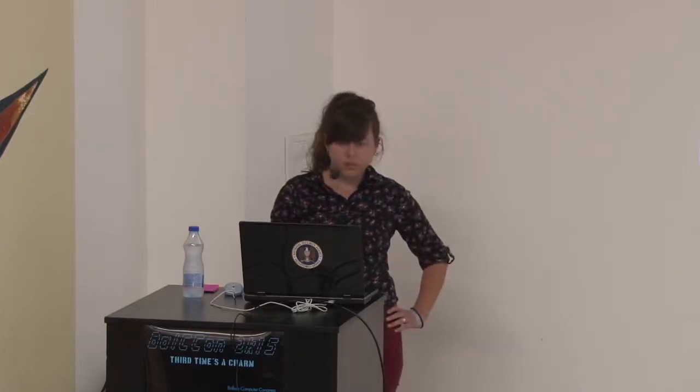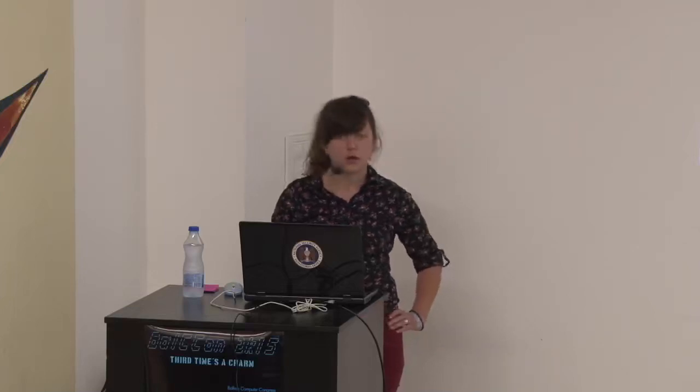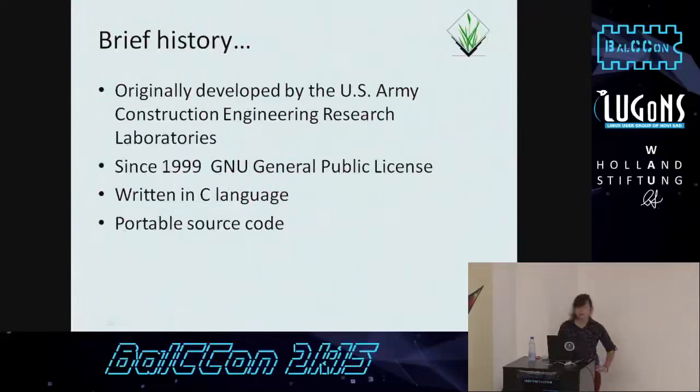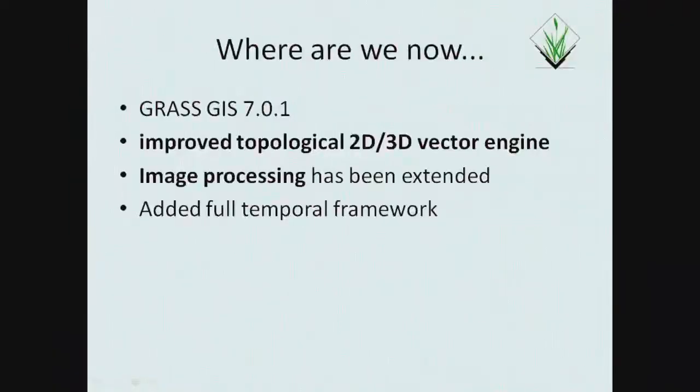It's written in the C language, but with version 6 GrassGIS came in Python language. It's easier to write and understand for developers, so that was the best. Now, the stable version is GrassGIS 7. It's available since 2015.